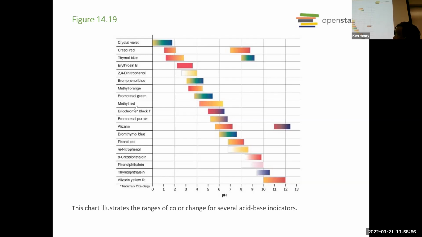Bromocresol green, methyl red, eriochrome black, bromocresol purple, alizarin, bromothymol blue, phenol red, p-nitrophenol, o-cresolphthalein, phenolphthalein, and then thymolphthalein and alizarin yellow R, okay?